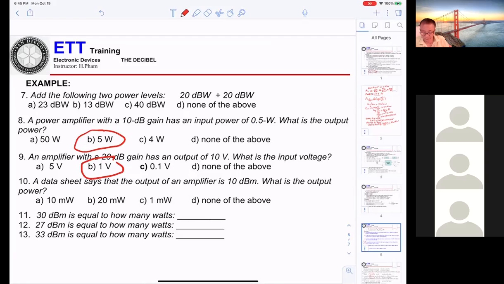For number 10, you would set it up like 10 dBm equals P over 1 milliwatt. Right, you have to use 10 times log. Okay, I got it: 10 milliwatts for number 10. Yeah, I believe that's 10 milliwatt.